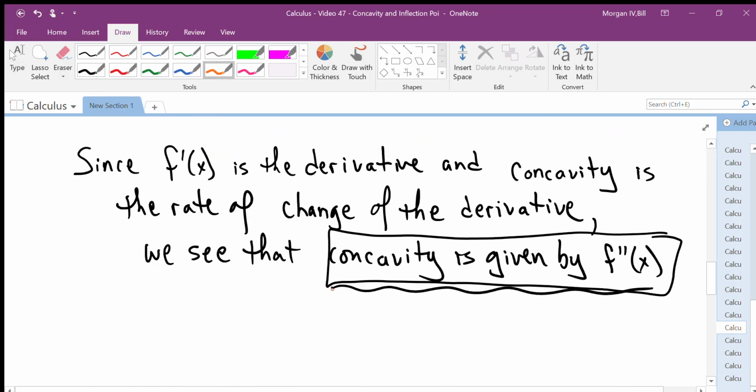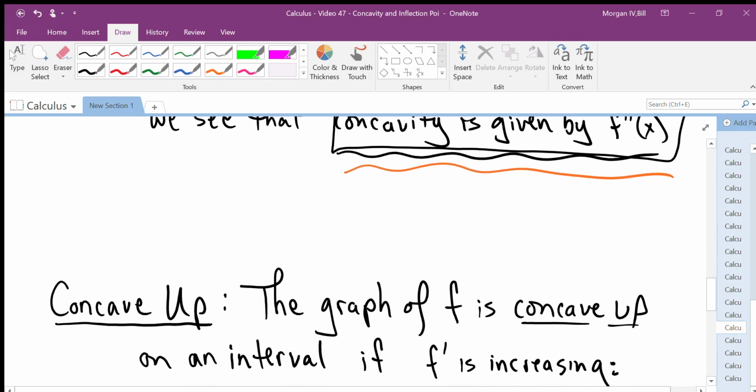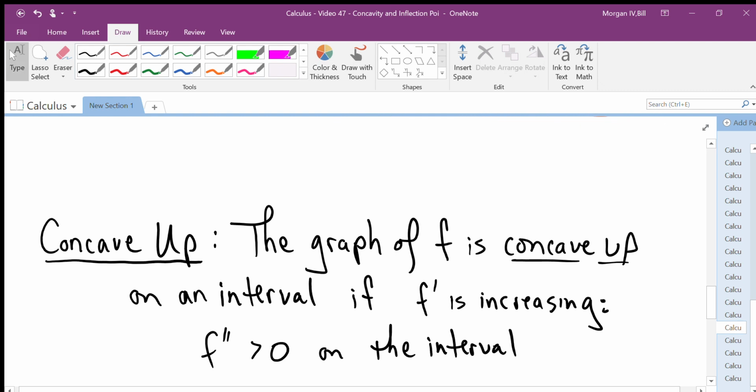Concavity given by f double prime, that's going to be important. Concave up. The graph of the function f is concave up on an interval. Again, just like increasing and decreasing, we're only concave up and concave down on an interval. The graph of f is concave up on an interval if f prime is increasing.